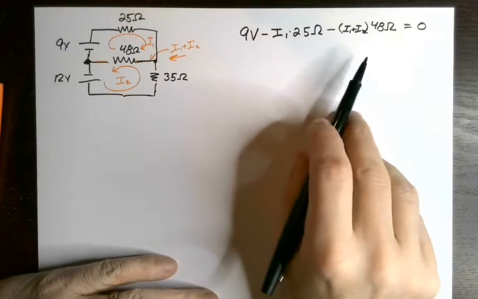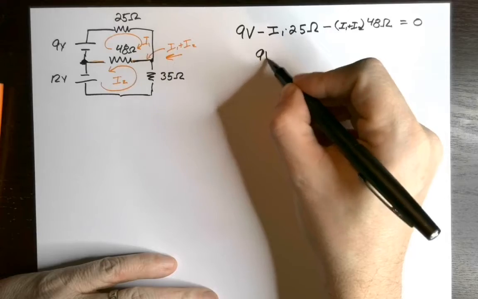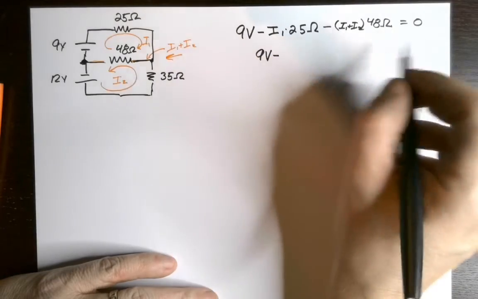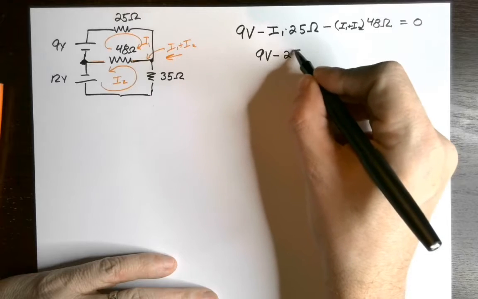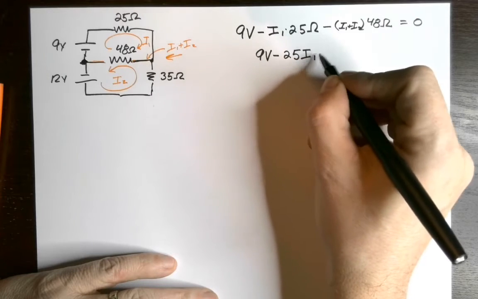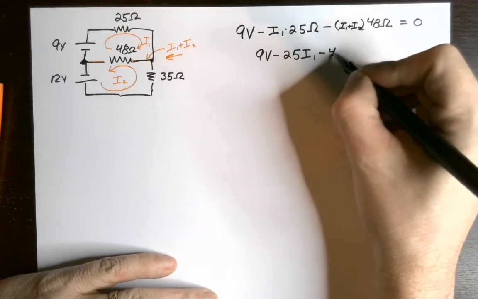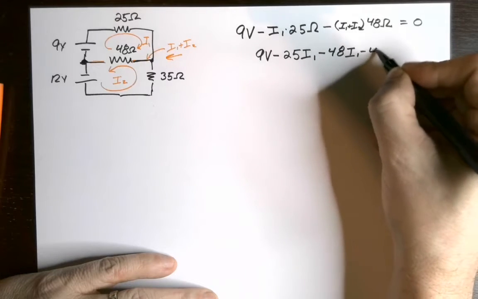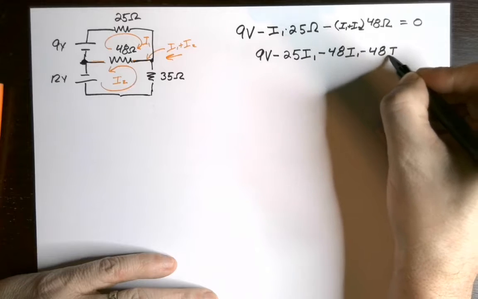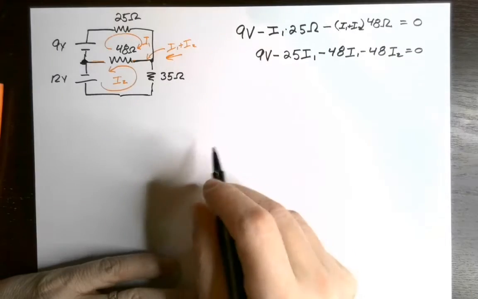So that gives me one equation that says 9 volts minus, I'll throw my ohms away, 25 I1 minus 48 I1 minus 48 I2 equals 0.